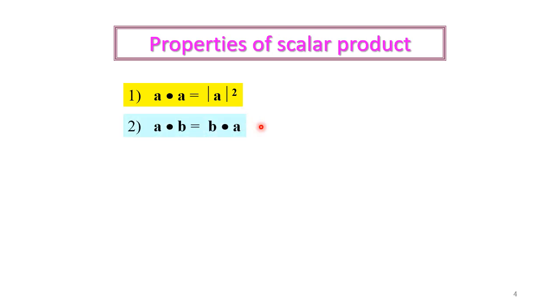The second property is A dot B equals B dot A. Number 3, the dot product with the addition of two vectors, A dot (B plus C), is equivalent to A dot B plus A dot C. So something like we expand.